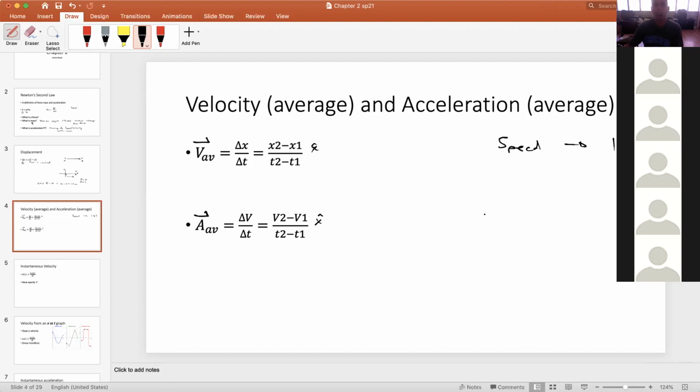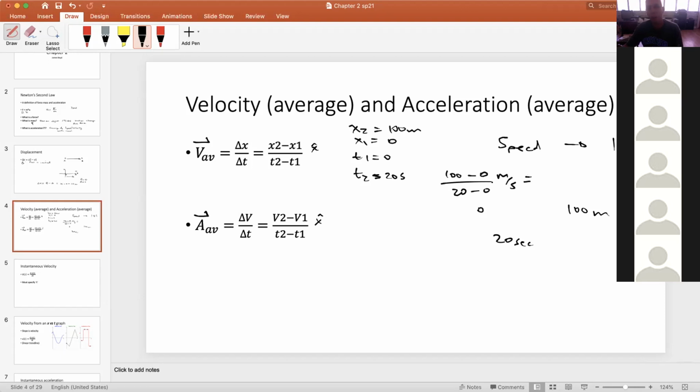Okay, so if I go from 0 to 100 meters in 20 seconds, then T1 is 0, T2 is 20 seconds, X2 and X1 are 100 meters and 0. And this would be 100 minus 0 over 20 minus 0 meters per second. 100 divided by 20 is 5.